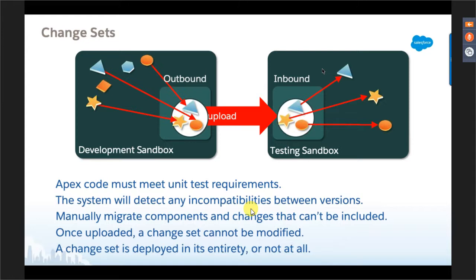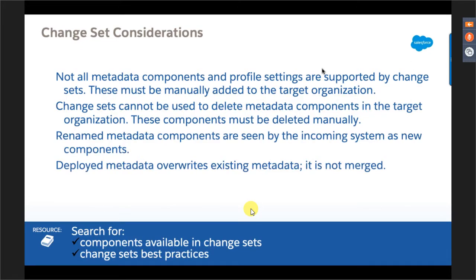Knowing that's the case, when we do it, know that change sets are always additive. This additive part means when we bring a change set from one sandbox to the other, if the change set has been renamed in version 2, it's not going to be brought in and rewrite over the top of the old change set.